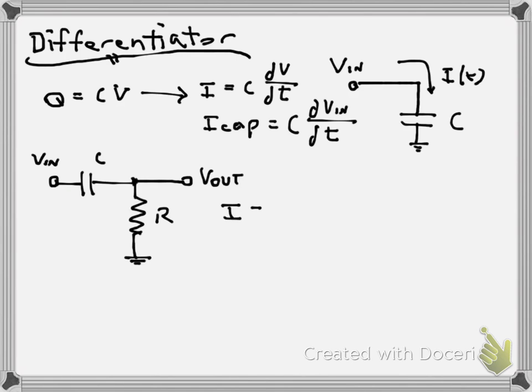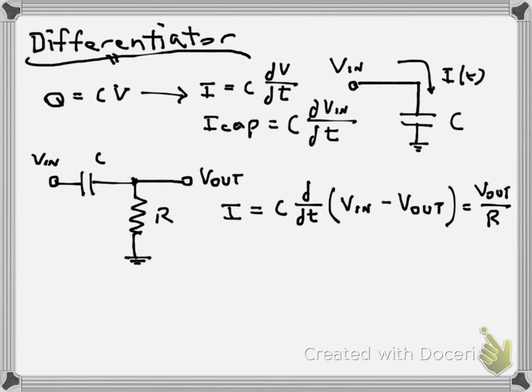Okay. So now, if we're going to write out what the current is equal to, we have that the current is equal to the capacitance, and it's dV dt. But the problem now is that instead of just having the dV in dt that I was hoping to get at, I also have a dV out dt, right?